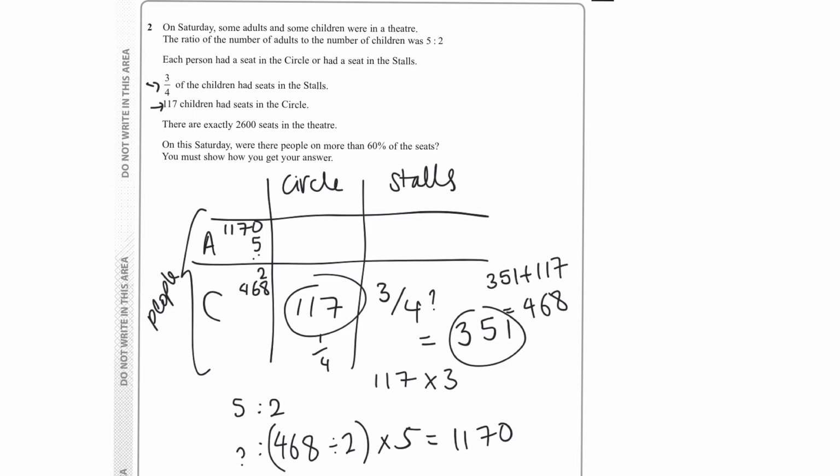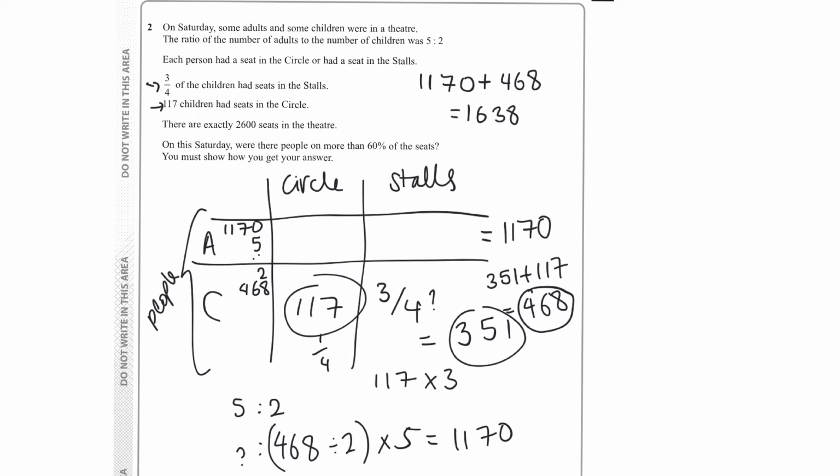Then to work out how many adults are in the circle and the stalls, realistically, we wouldn't even need to do that, because if you know your total adults is 1,170, and you know that your total children is 468, then you would have to do 1,170 add 468, and if you put that into your calculator, you would end up with an answer of 1,638. So we know that 1,638 seats would be occupied.